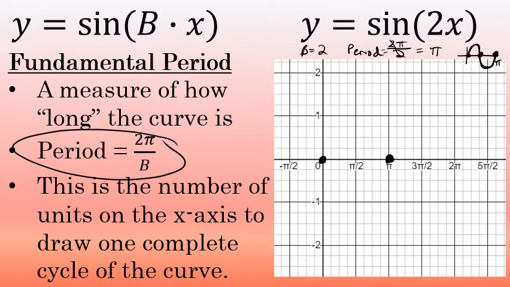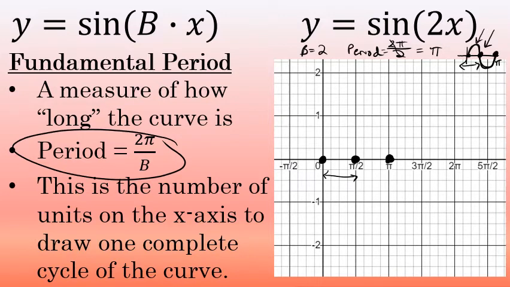In the middle of the graph, halfway between the beginning and end of one cycle, in this case halfway between 0 and pi, it will cross the x-axis. In the first half of the graph, it will rise to the top of its amplitude.